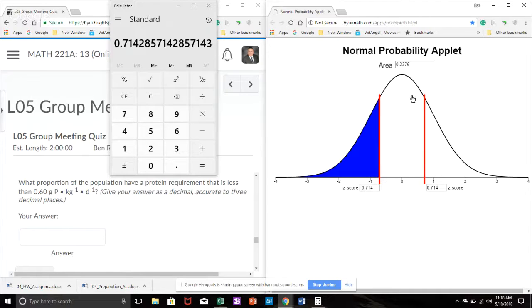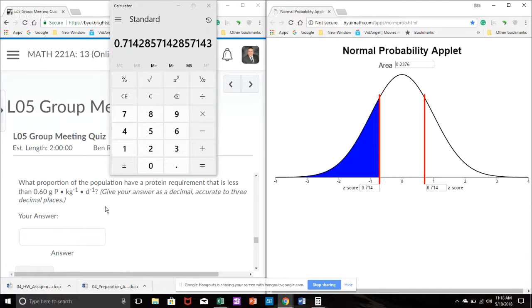You got 0.23. I think that's right, but I think it's going to be 0.238. Oh, yes, I have it here. Because we already knew what the standard deviation was, 0.07, and we knew that we were only off 0.05, because the mean was 0.65.